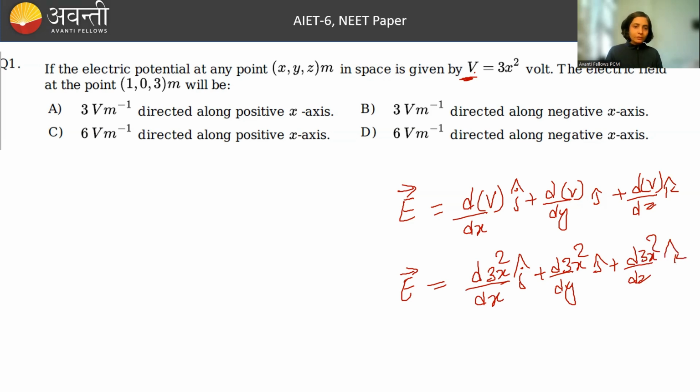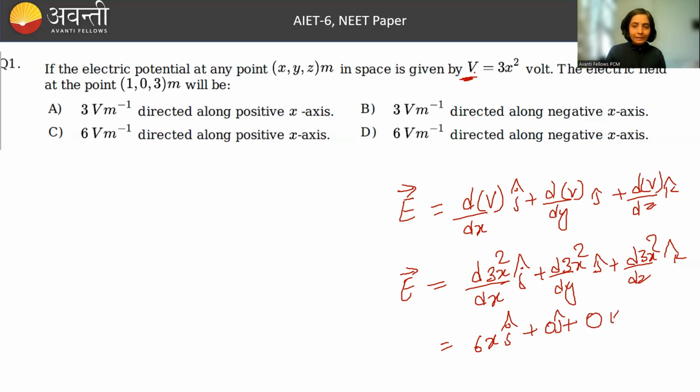Now the differentiation of 3x squared with respect to x will be 6x i cap plus. Now, as I said just now, when differentiating with respect to y, consider x and z as constant. So here 3 is constant, and x will also be treated as constant because we are differentiating with respect to y. So this becomes 0. Similarly, this is also 0.